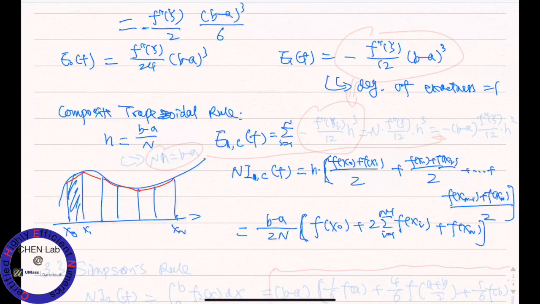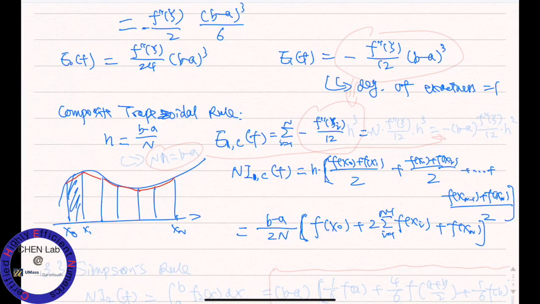On each one, you have that term from above: negative f double prime at some ci over 12 times the b minus a, which is now b minus a for that little trapezoid, b minus a over n, cubed. You add a smaller number n times, so that's like multiplying by n.